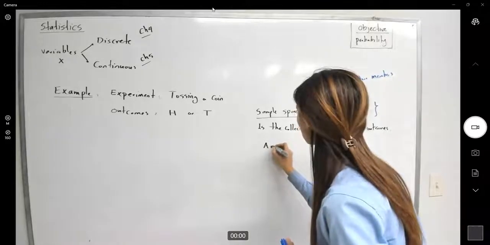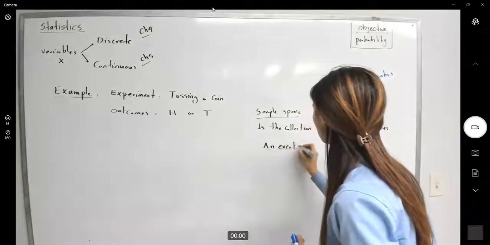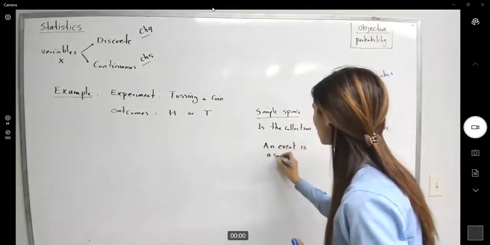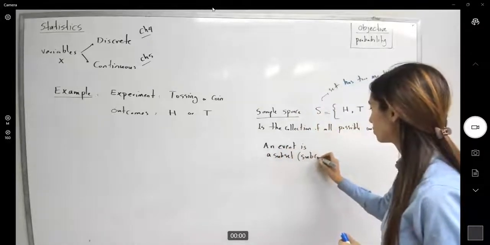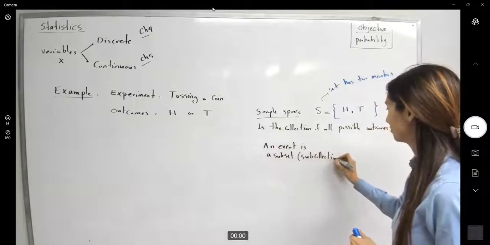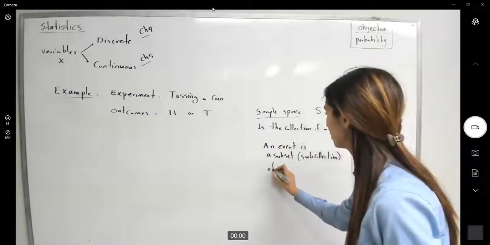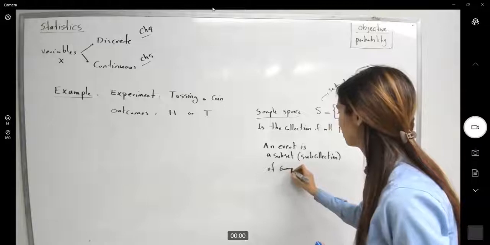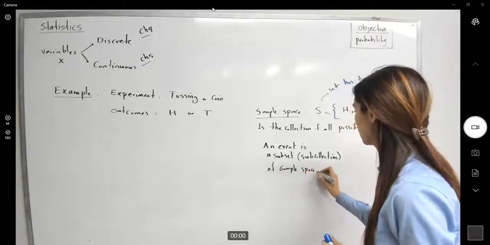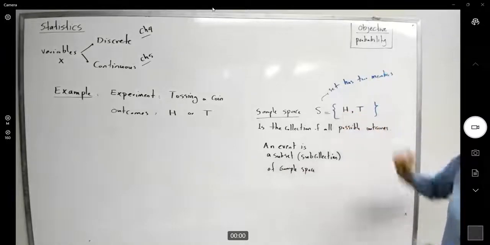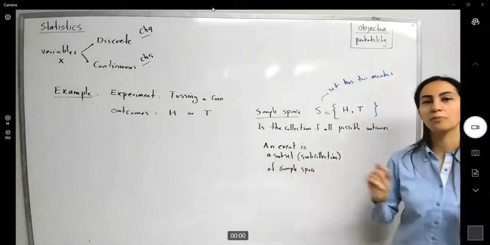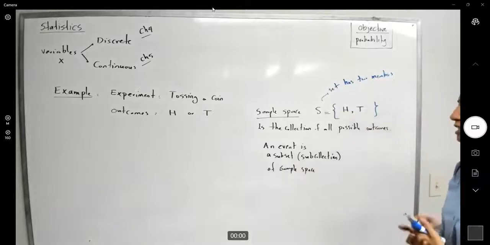An event is a subset or sub-collection of the sample space. Okay, very well. So for this set, how many subsets do we have? How many events do we have?